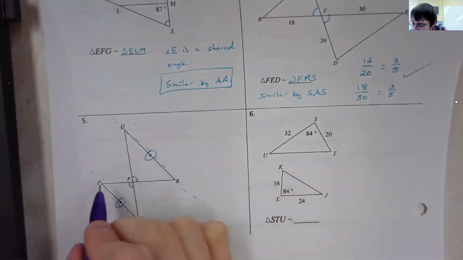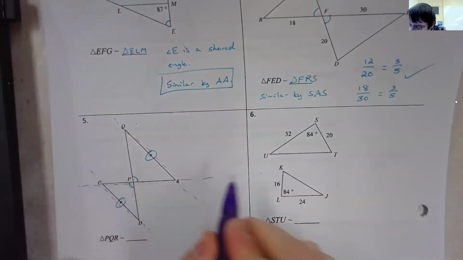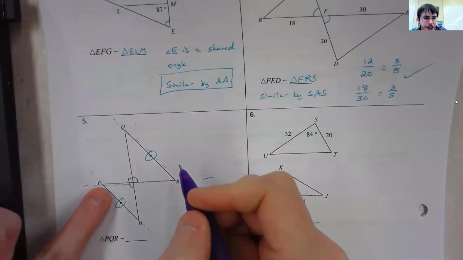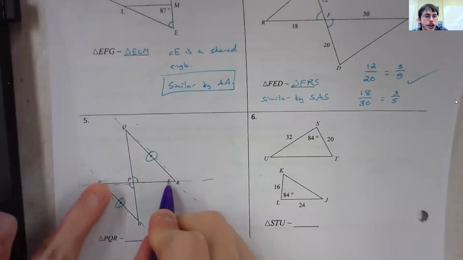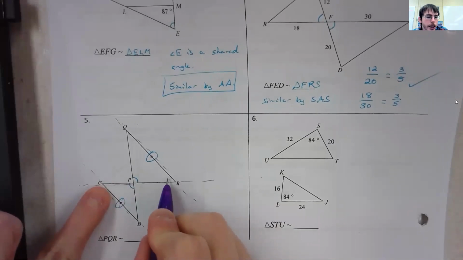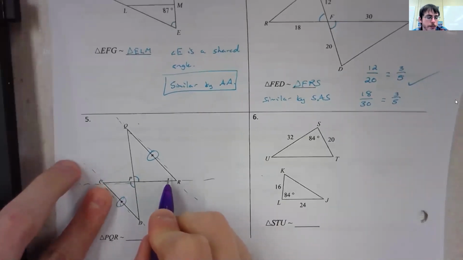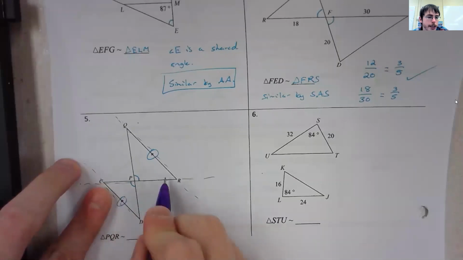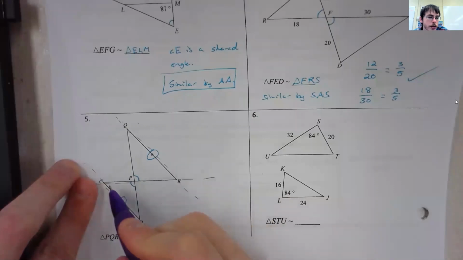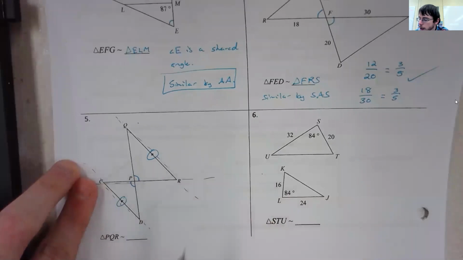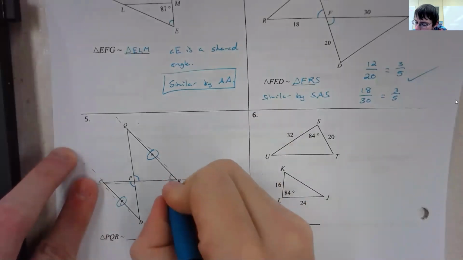So if we look at CR, for instance, I'm going to extend this, and we look at angles C and angles R. Angles C and R are on the opposite side of the transversal, so they're alternate. And we see that they're both in the interior of these two parallel lines. So since they are opposite inside, they are alternate interior angles, and alternate interior angles are congruent.